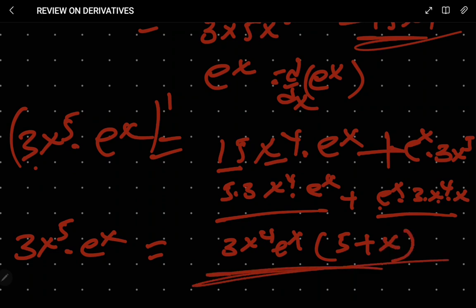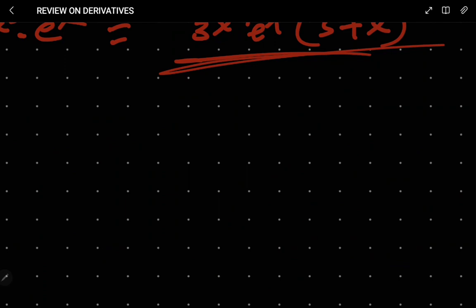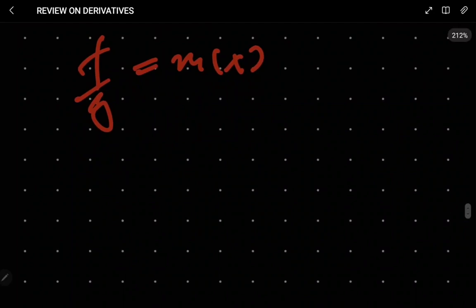That's the derivative. In the other case, where you have f over g of x given, maybe you can call this m of x, and it is going to split as a ratio of two functions. So what is the formula for the derivative of f over g of x?